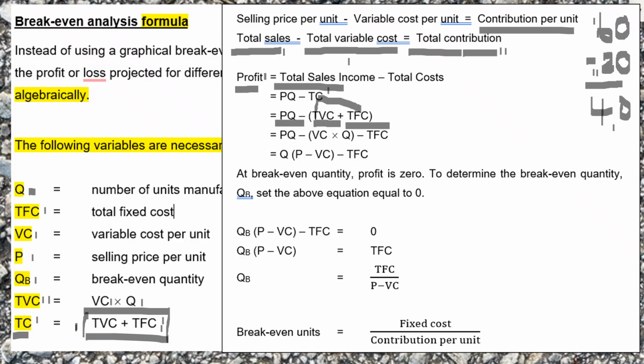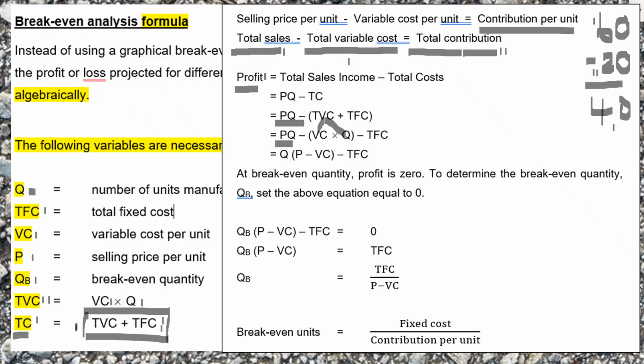Now they break it down even further. We can say PQ, income, minus variable costs times quantity, and a minus multiplied by a plus becomes minus total fixed costs. Total variable cost was broken down.